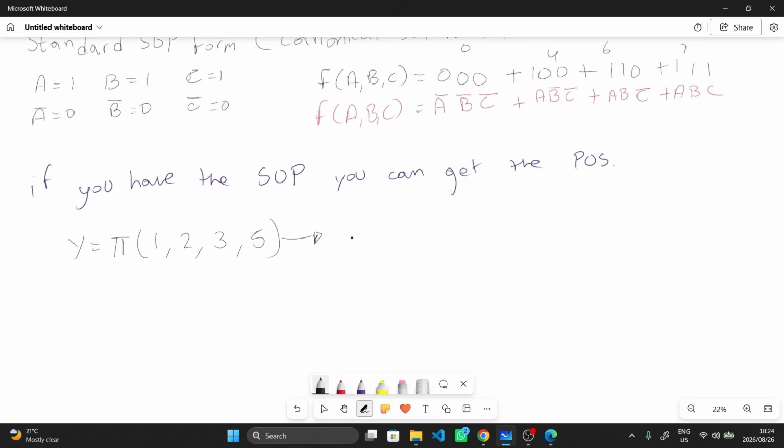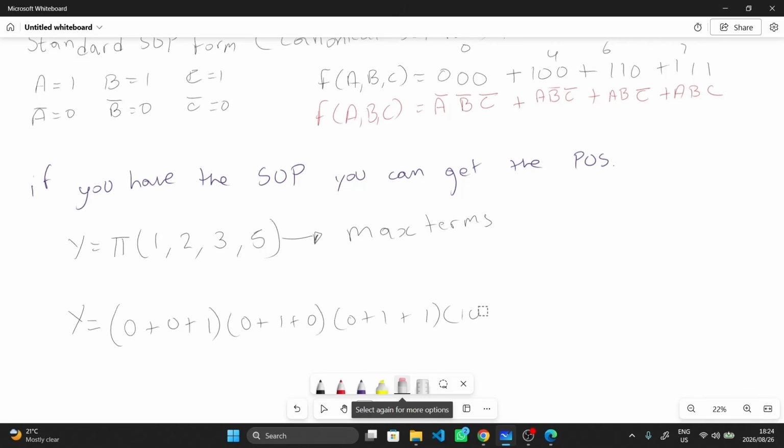So these are our maxterms, right? And using that, we can get our standard POS form or canonical POS form. So again, we do the same. To make it easier, we write 1 in binary, 2 in binary, 3 in binary, and 5 in binary.